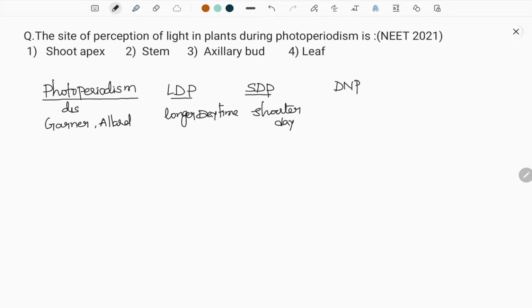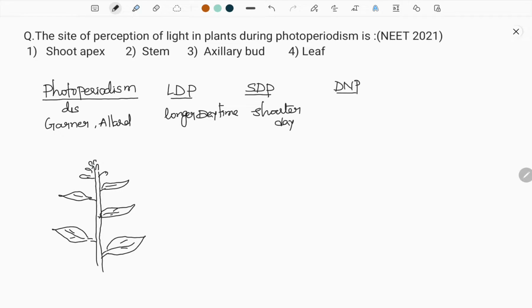What is the perception of this light? Let us see. When a plant is exposed to sunlight, let's take an example of a plant having green leaves. The plant also has buds, which we call the apical buds or the vegetative buds.